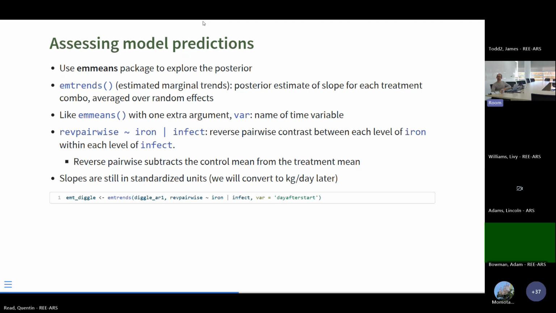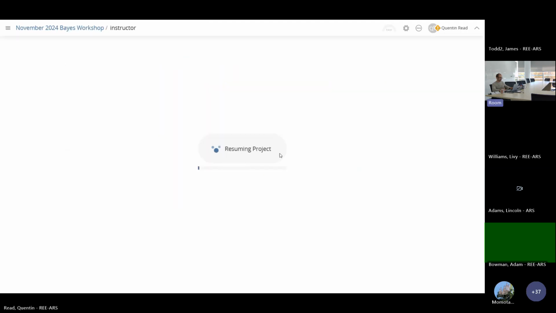Yeah, hey there, Mahesh. I just wanted to address your question about the unstructured covariance model. Basically, the reasoning is that the unstructured covariance model is very complex and has a lot of parameters.